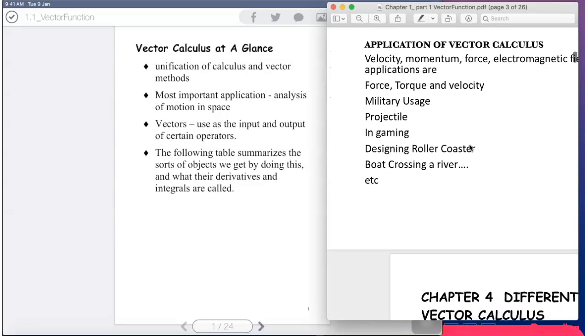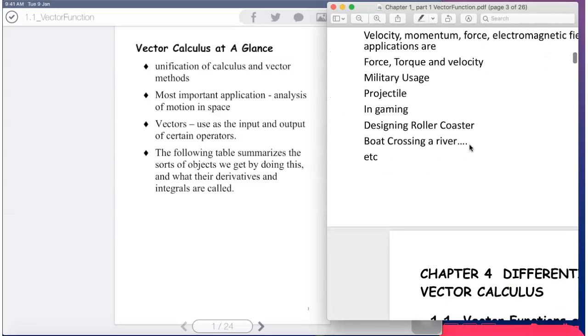Another application is that we can obtain force, torque, and velocity, and we can implement vector calculus in military usage, projectile problems, gaming problems, and also for designing roller coasters, and in a boat crossing a river. Actually there are very many applications where we can apply vector calculus.